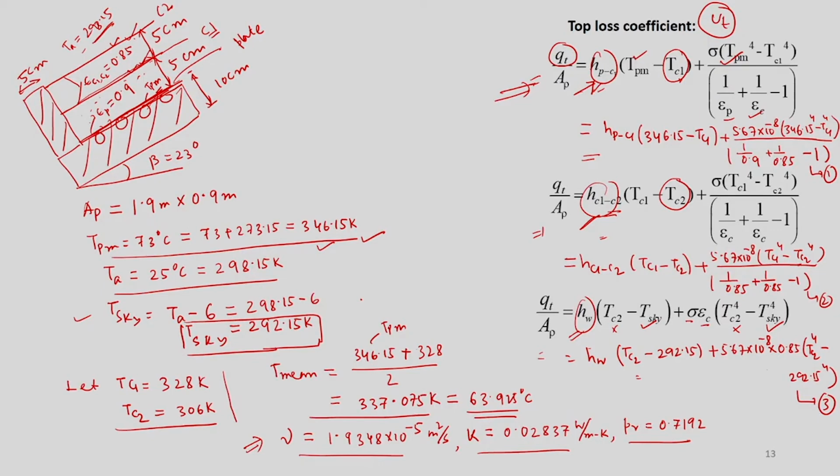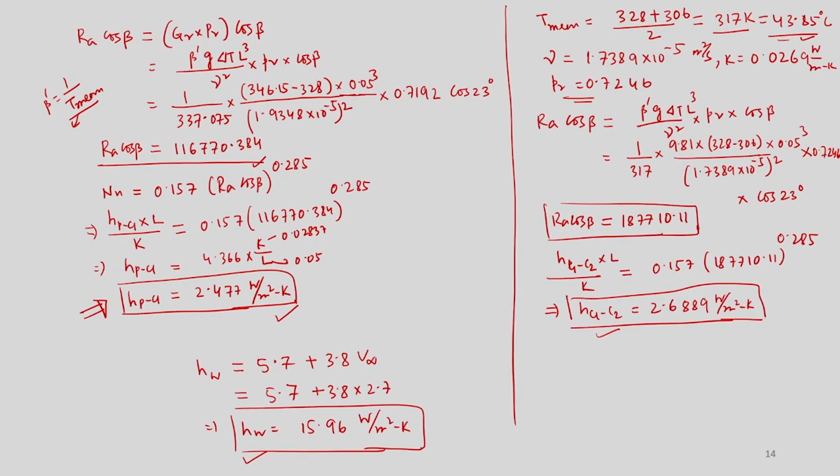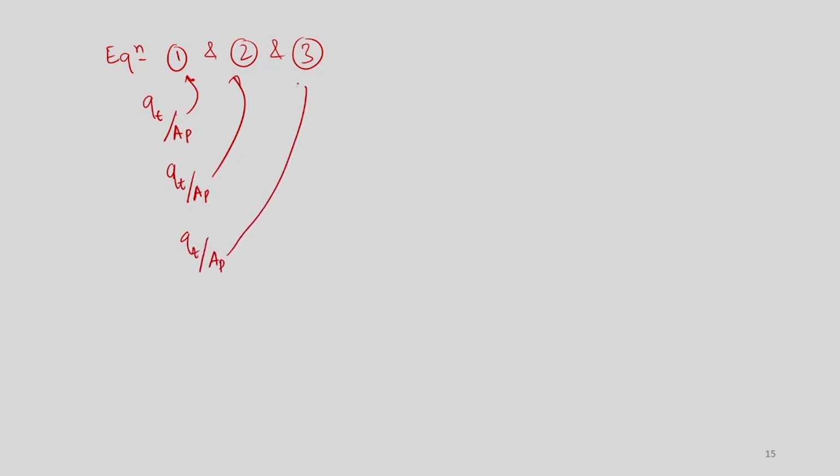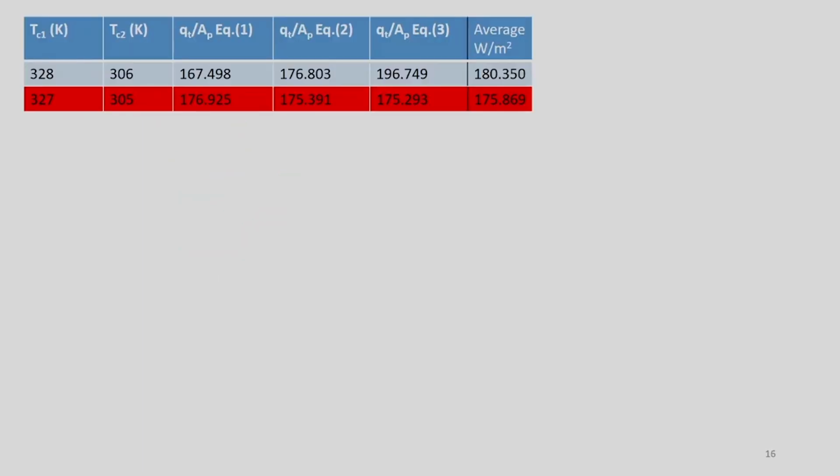So, if we use equation 1, then 2 and 3, already we have done it like Qt by Ap for this equation, and then Qt by Ap for this equation, then Qt by Ap for this equation. This expression is known to us. I have already done the calculation, and if you substitute those values, we will get something like this.